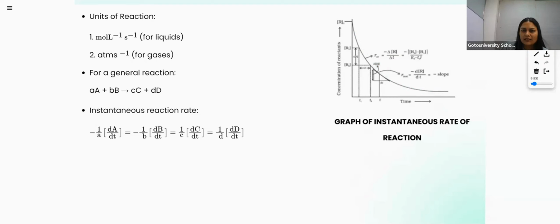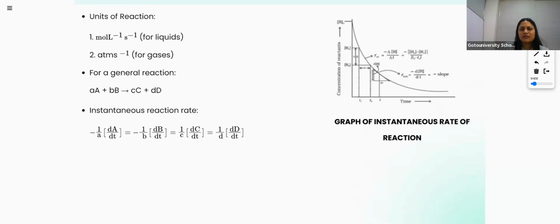As the molar concentration of reactants decreases, and the reactants lose concentration to a lower value, we take the rate of chemical change on the reactant side as a negative value. All right. Now I hope this is understood.